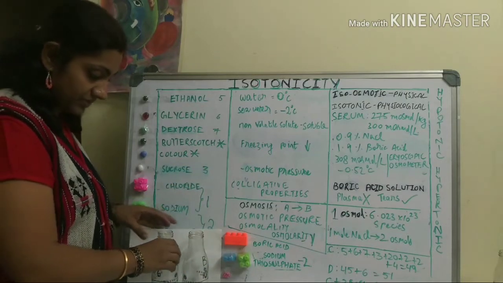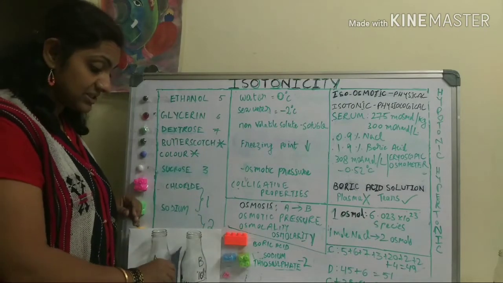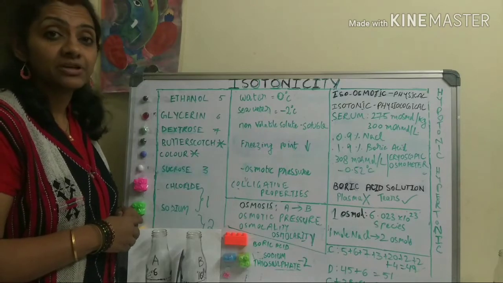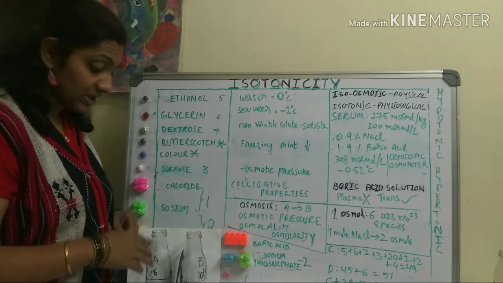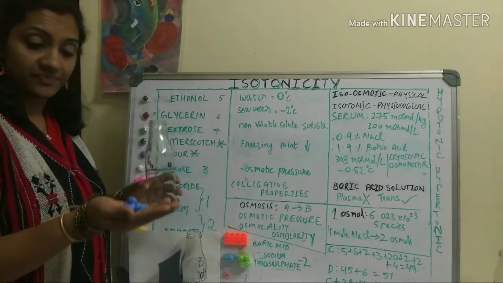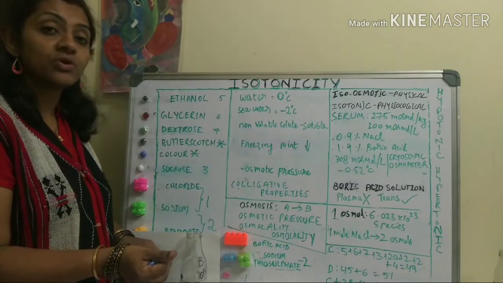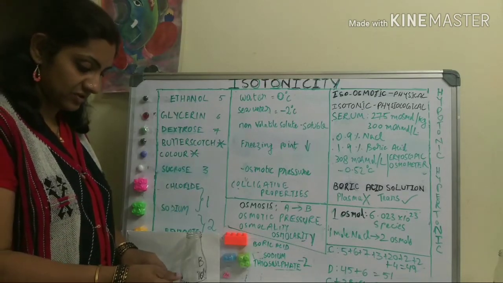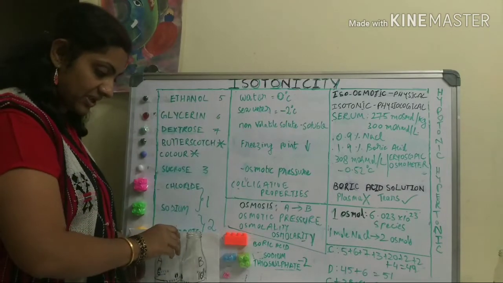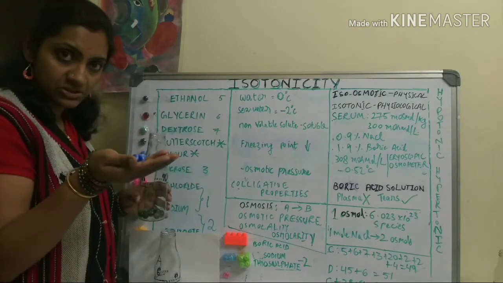Now, if A and B are separated by a semi-permeable membrane, at constant volume, you see that the blue color is the solvent and it is more in A, and in B the solvent is very less.